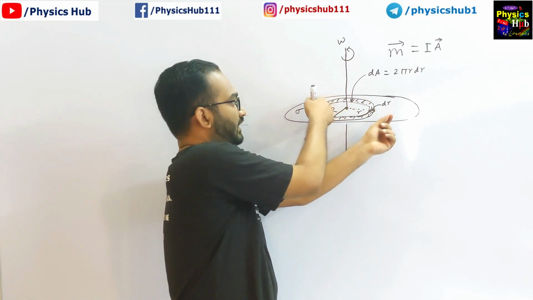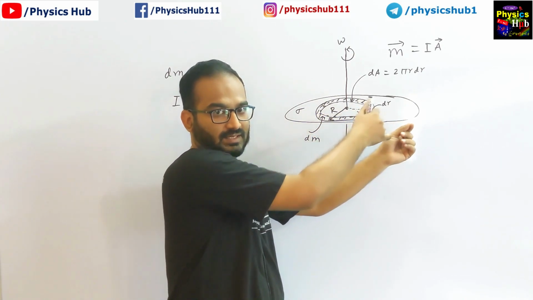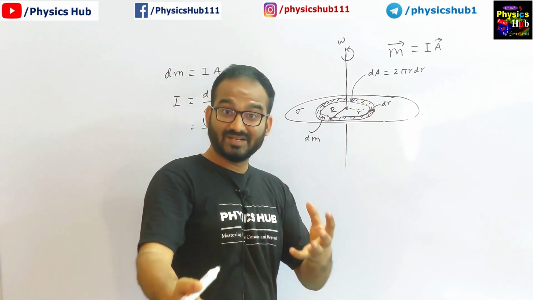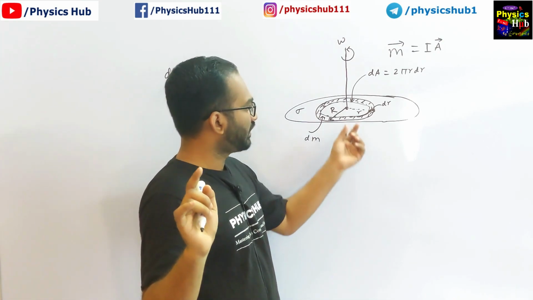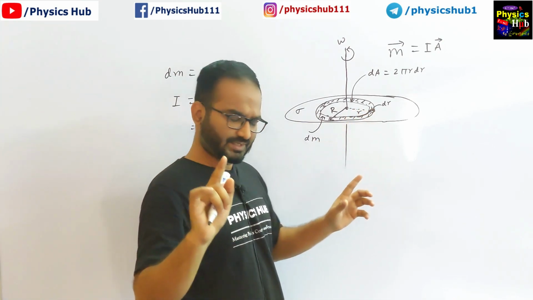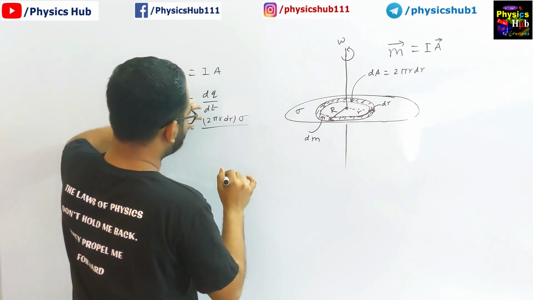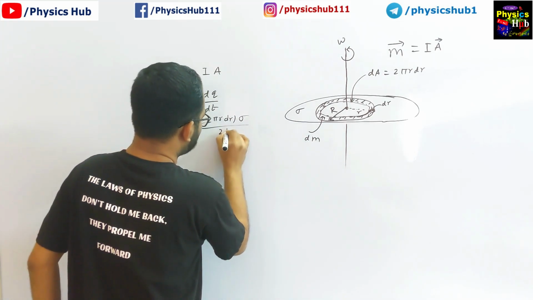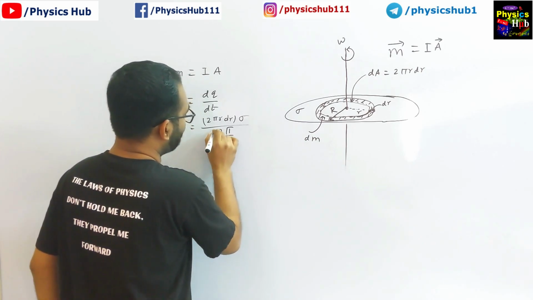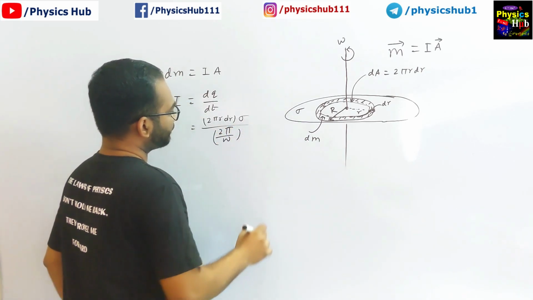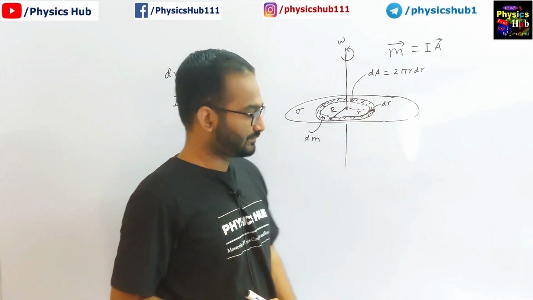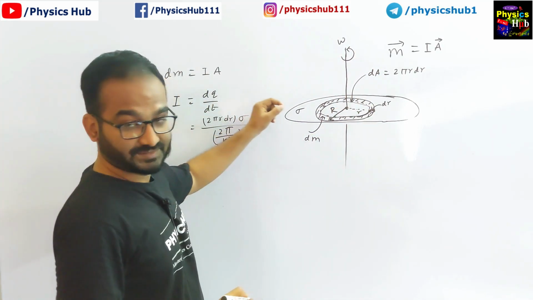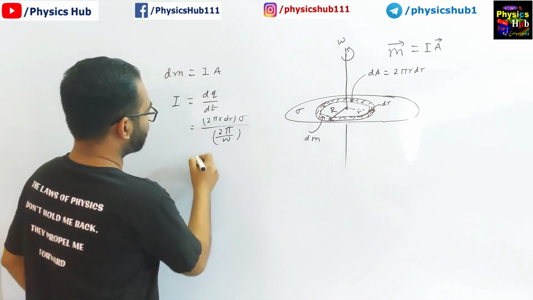It will rotate and come again to the reference point after an interval of the time period T. So we write dt as T, that is 2 pi by omega. A 2 pi angle is traversed with angular velocity omega in time T.